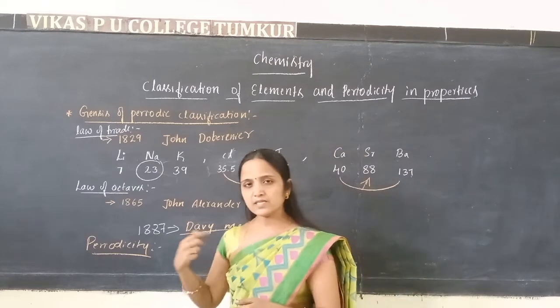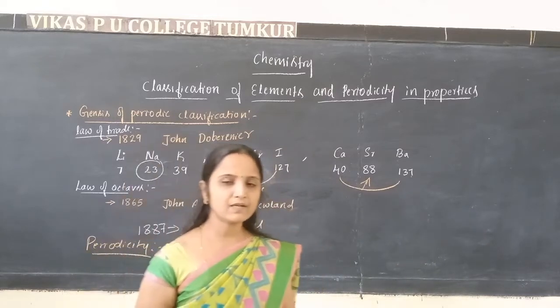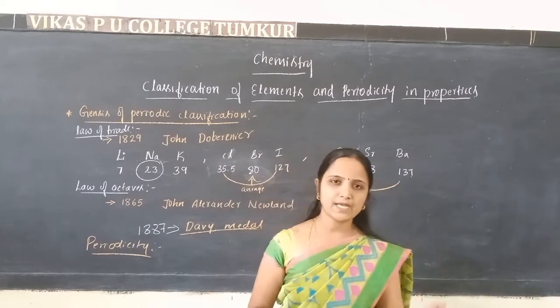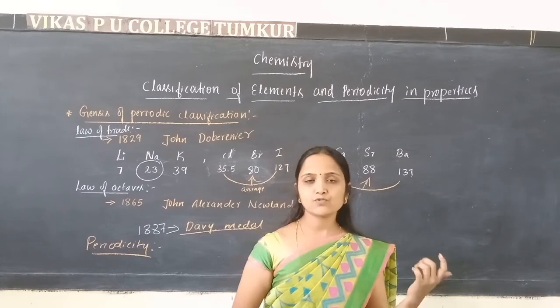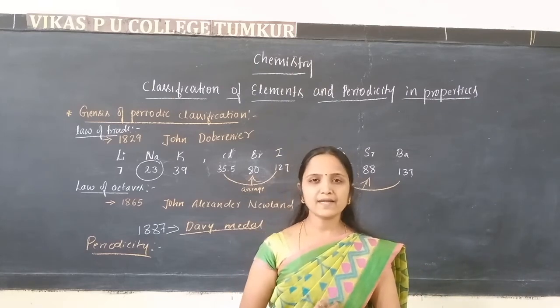Then these two scientists are Dmitry Mendeleev, then Luther Meyer. These two scientists, that is the Russian chemist and German chemist, proposed the periodic law first.